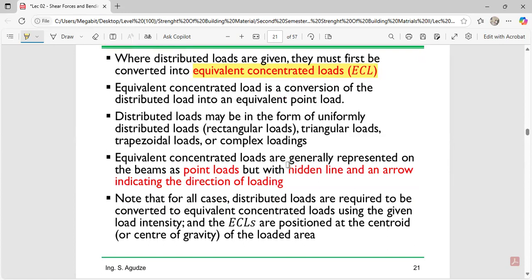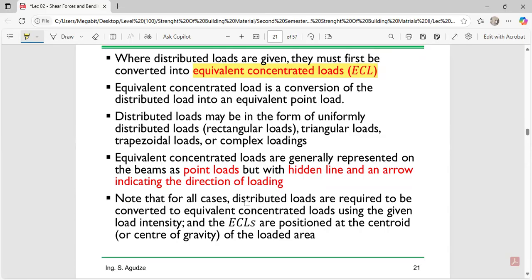Equivalent concentrated loads are generally represented on the beam as point loads, but with hidden lines and an arrow indicating the direction of loading.